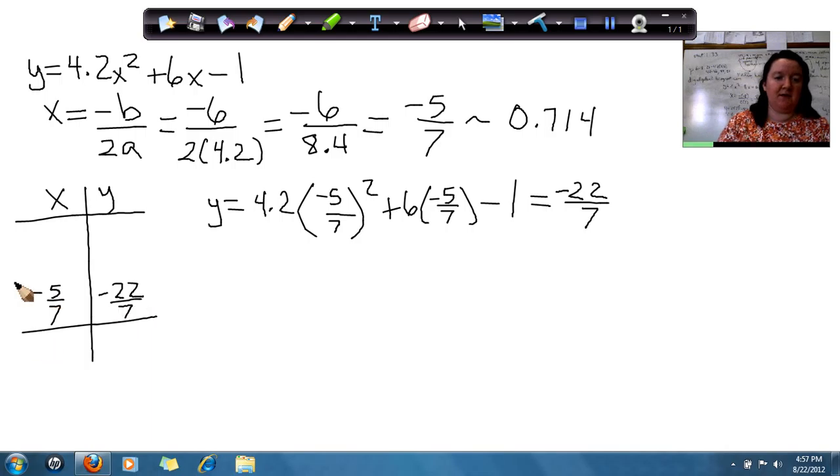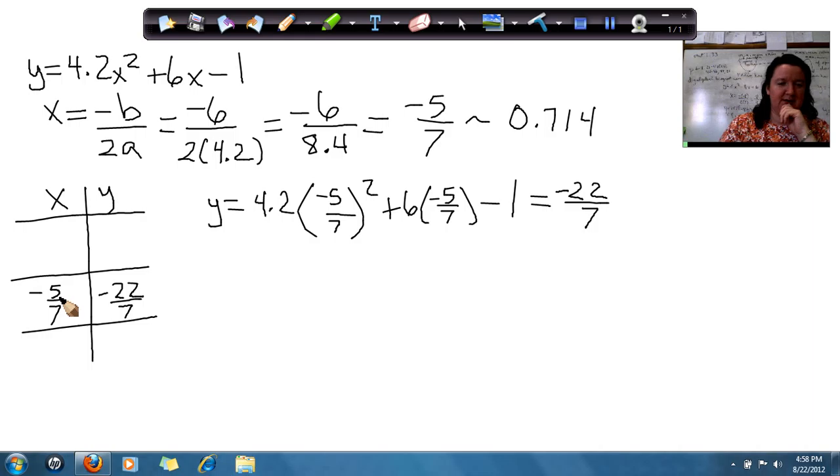So now let's think about a couple other points, and I'm going to pick ones that are a little bit easier and not going to give us such interesting fractions. So let's think about a negative 5 over 7. What's a number that's a little bit smaller than a negative 5 over 7 or a little bit greater than a negative 5 over 7? I want to have something that is symmetric with it.